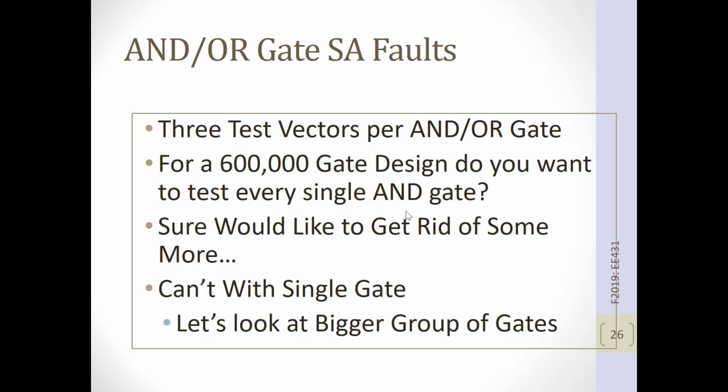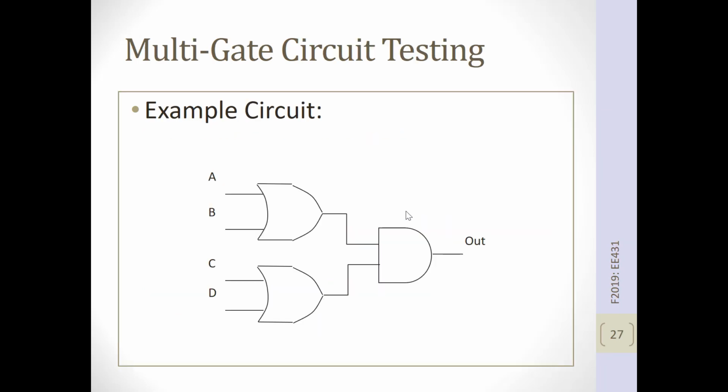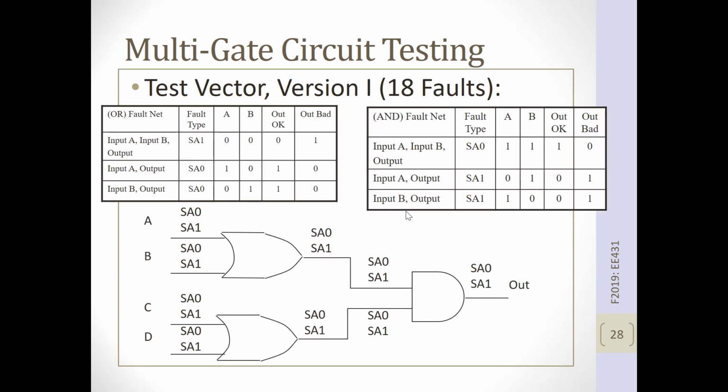So let's put the AND gates and the OR gates into a larger circuit and figure out what the test vectors would be. So here's a larger circuit, and if you put in all the stuck at faults, just like we did when we were testing an individual gate, you start out with all the faults that you could have on an individual gate, which means on each input you have a stuck at 0 and a stuck at 1 possibility for a fault.